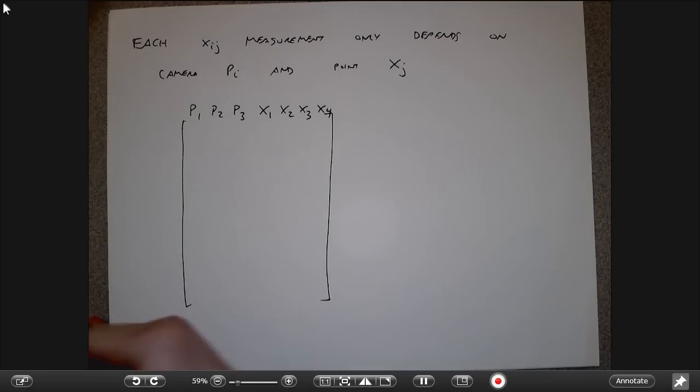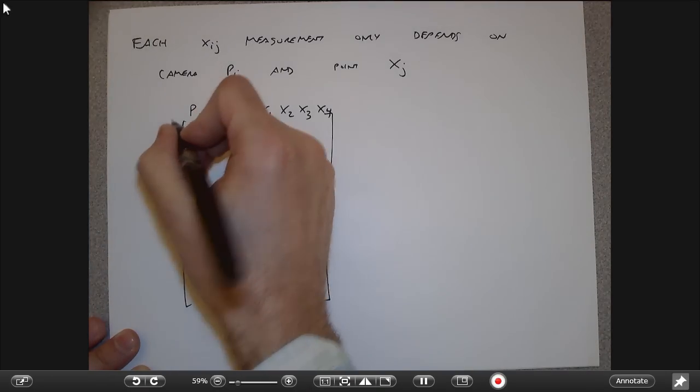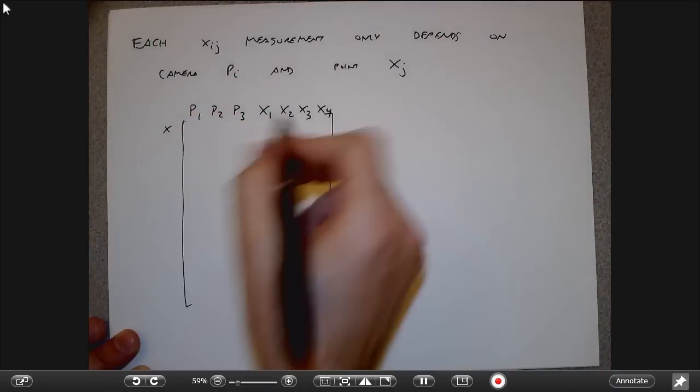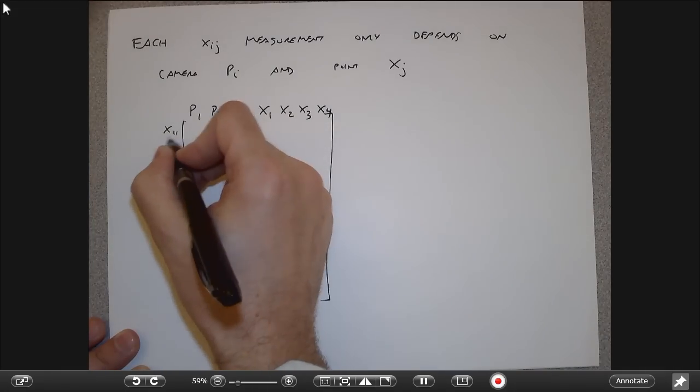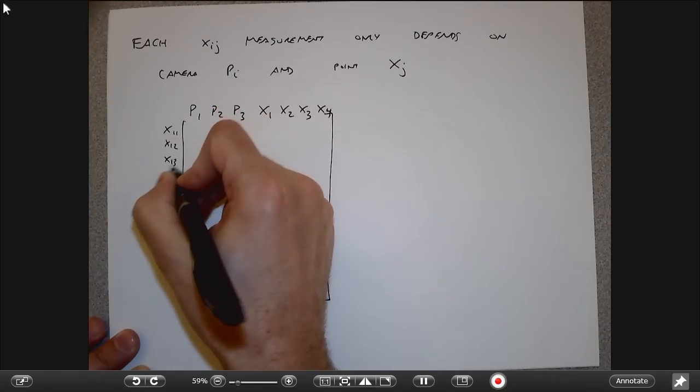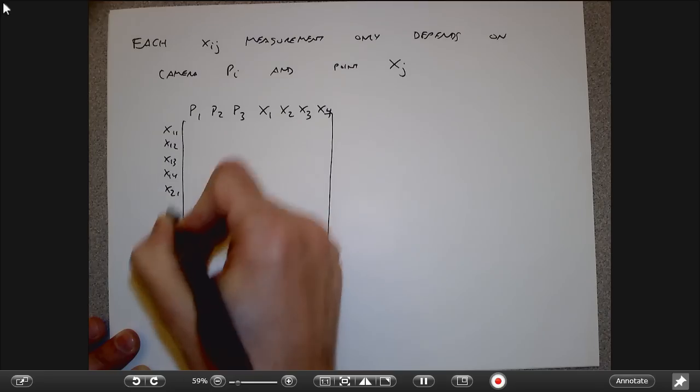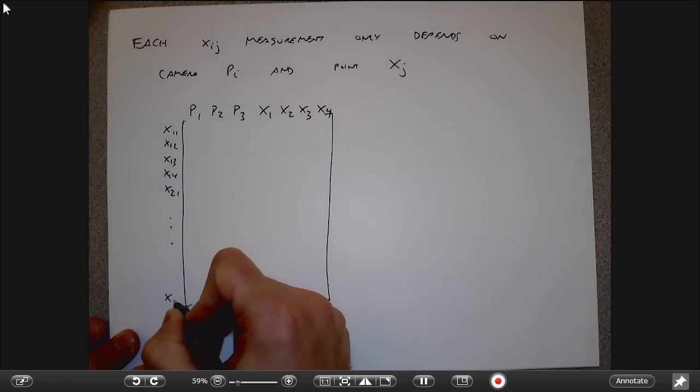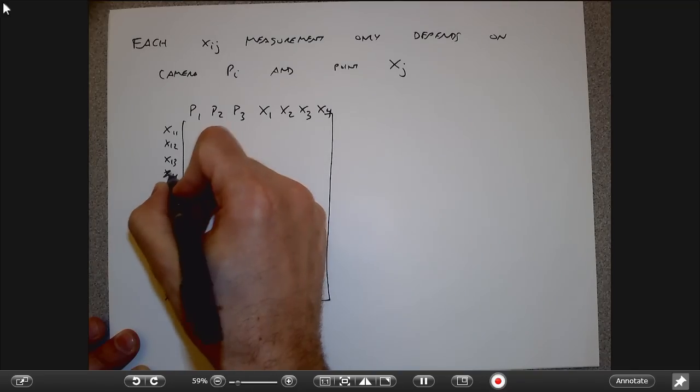Okay, and say each of these points is seen by each of these cameras. And so I have 12 numbers down this axis here. I guess stuff like this.